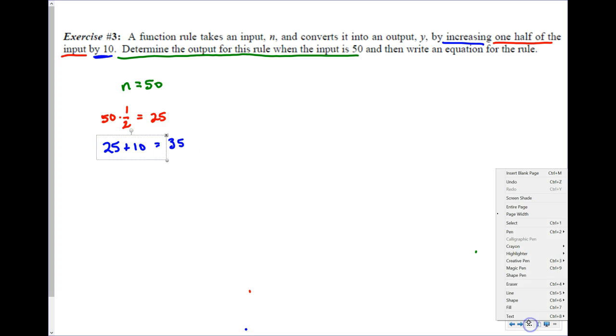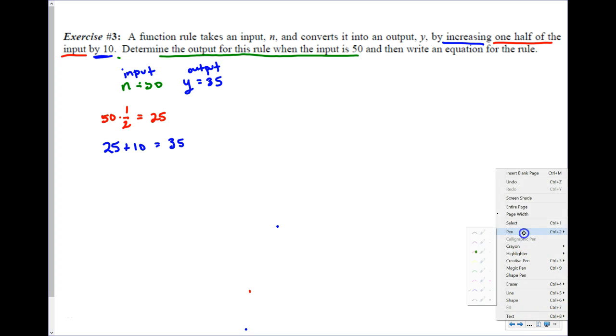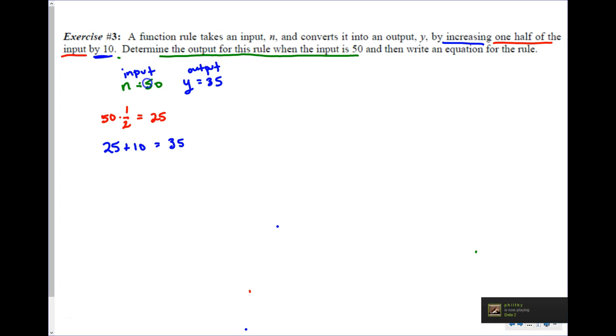So when n equals 50, that means that y equals 35. Here's my input, and this is my output. Okay? I put in 50, and I got 35.